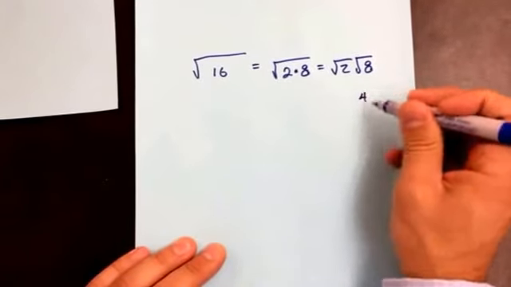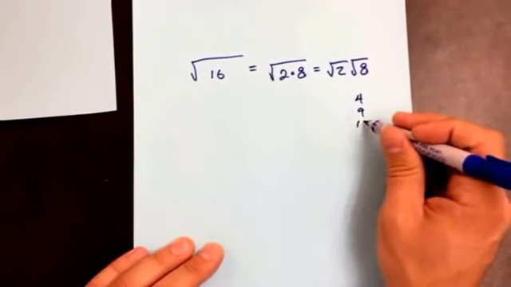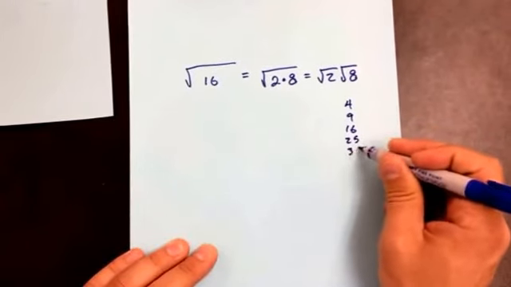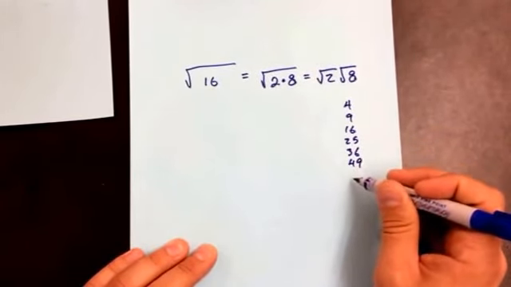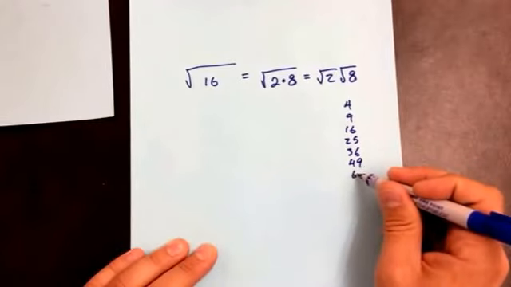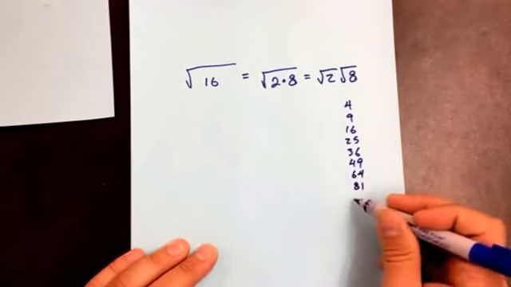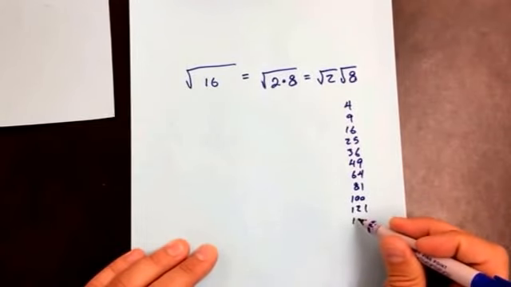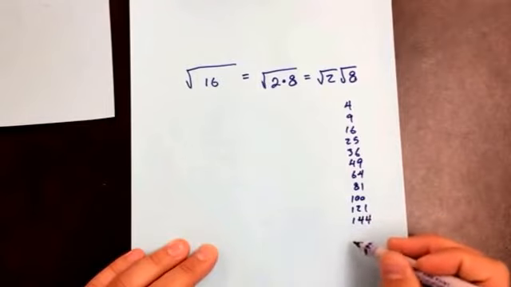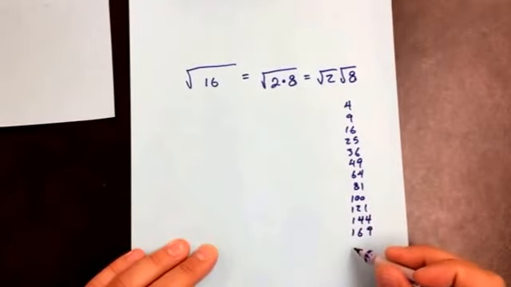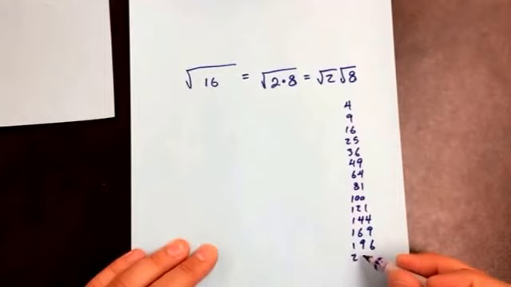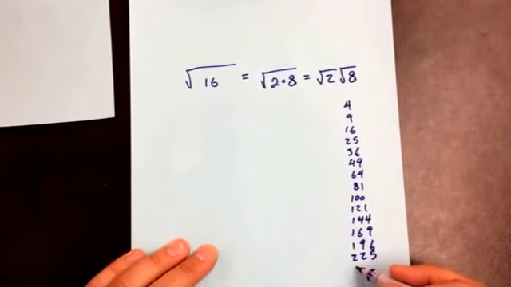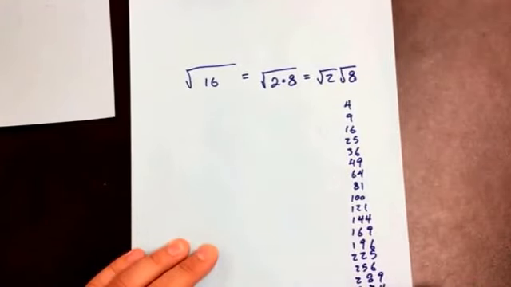So 2 times 2 is 4, 3 times 3 is 9, 4 times 4 is 16, 25, 36, 49, 64, 81, 100, 121, 144, 169, and you should know up to 20 times 20. 225, 256, 289, 324, 361, 400.